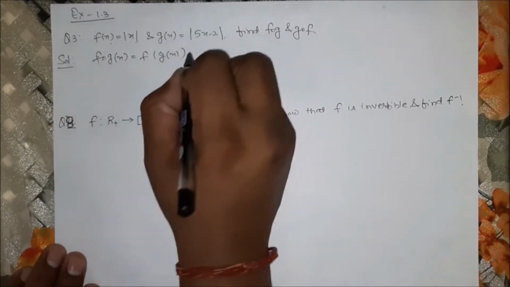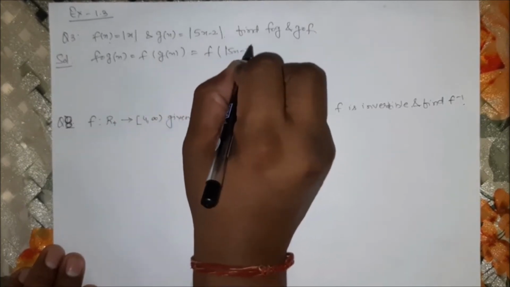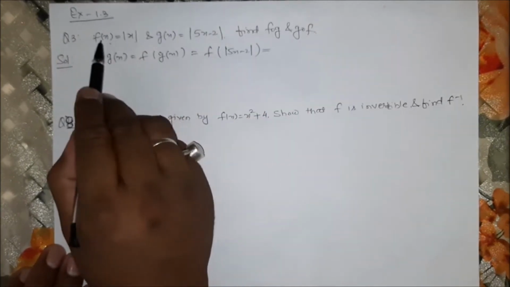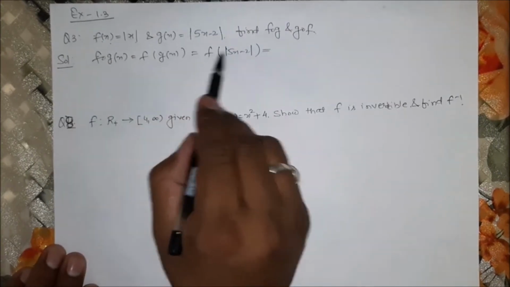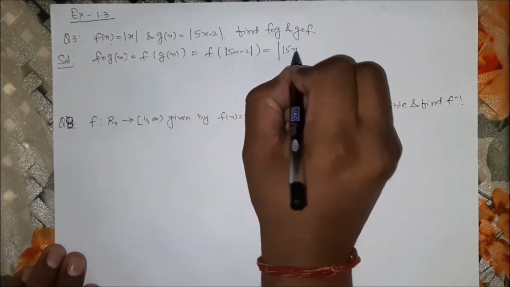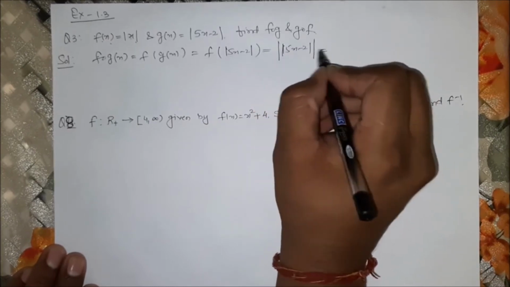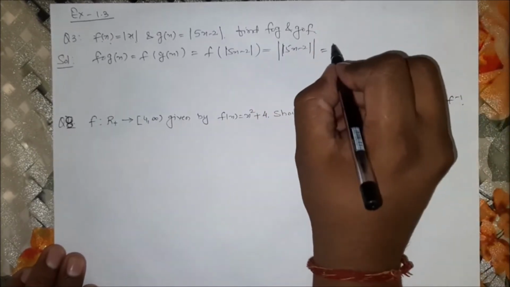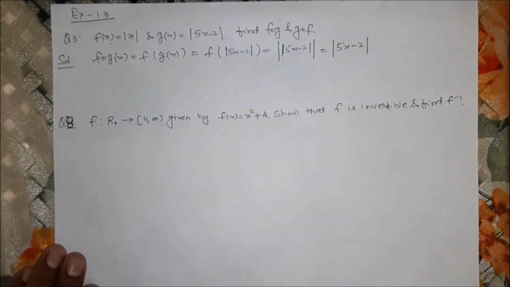The value of g(x) is mod 5x minus 2, and f will put this value in mod, meaning mod of mod 5x minus 2. Now double mod or single mod is one and the same thing, so we can simply write mod 5x minus 2.